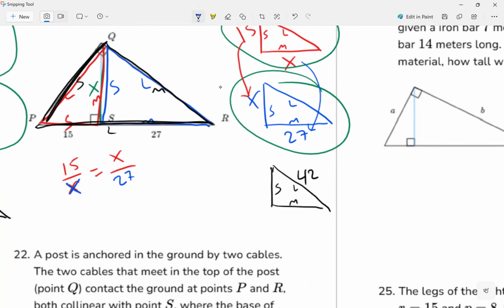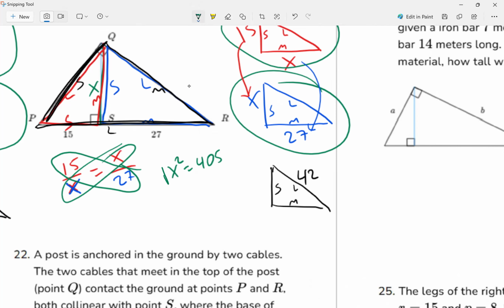Let me cross multiply. X times X, I know it's X squared. 15 times 27. Use a calculator if you need to. 15 times 27 is 405.